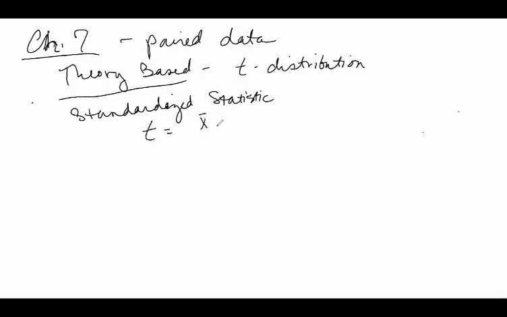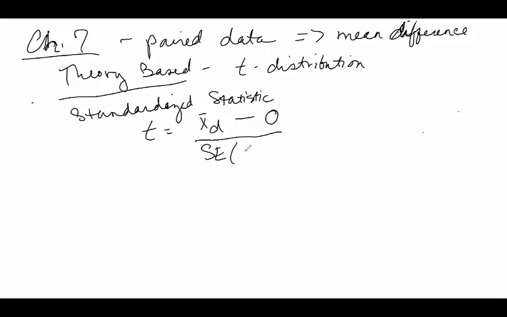This is important to point out, this is the mean difference, where before in chapter 6, we were talking about independent groups, the difference in means. So we use X bar D for our notation for the sample mean difference, minus 0, because 0 is our null value, and we divide by the standard error of the mean difference.